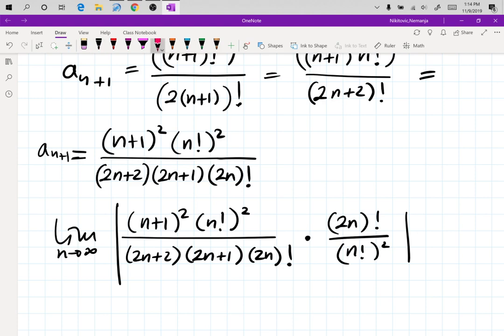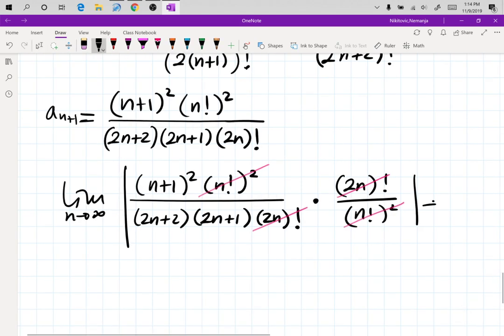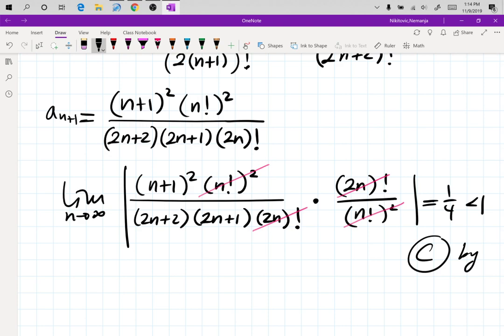Now that will cancel this one and this one and this one and this one, and we are left with 1/4, which is less than 1, so it should be convergent by ratio test.